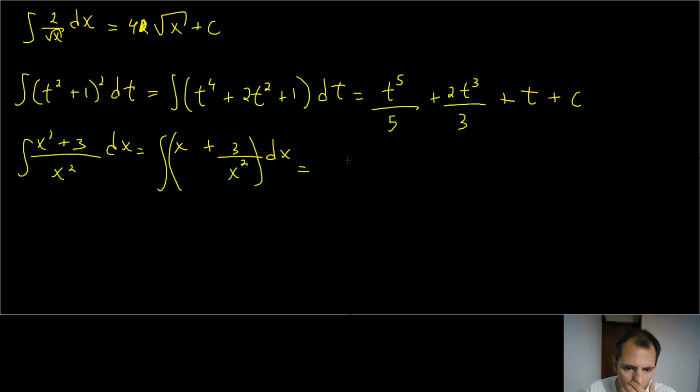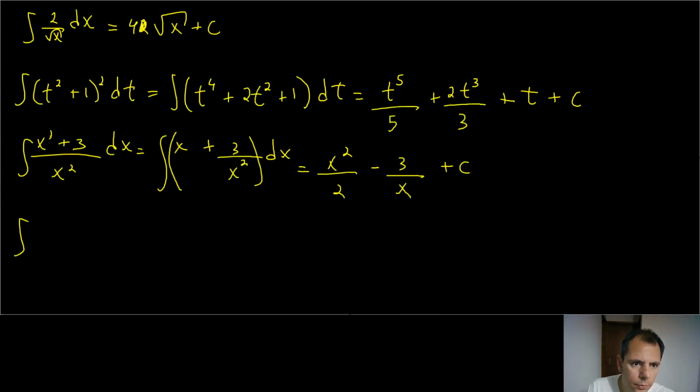So this is going to be equal to x squared divided by 2. Now this x to the minus 2, adding 1, is going to be minus 3 divided by x plus c.